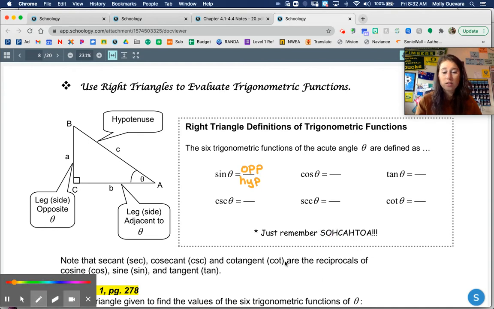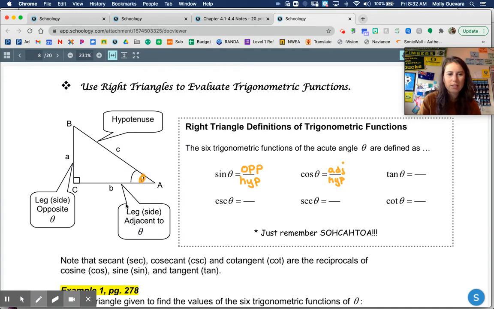So that's where the SO comes in, right? Cosine here, CAH. So cosine is adjacent over hypotenuse. So if I'm looking at this angle right here, my sine is opposite over hypotenuse, so that would be A over C. My cosine would be adjacent over hypotenuse, so B over C, if I was looking at this angle.